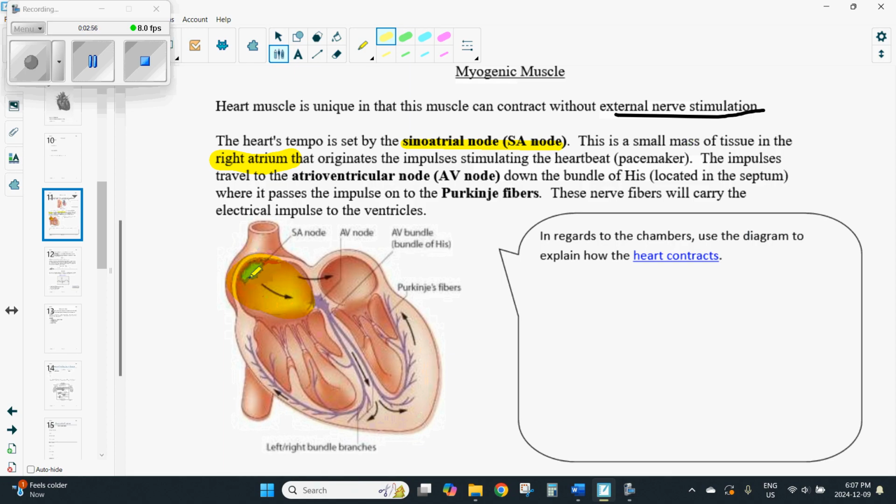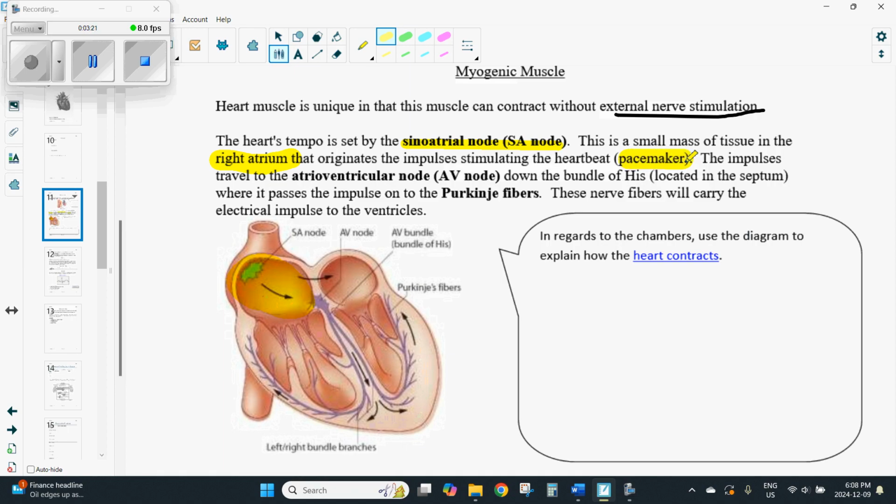It was in blue before I highlighted it, and now it looks slightly green. And this is where your heart originates the impulse. And an impulse is really an electrical conductivity, and you'll talk more about that in Bio 30 when you talk about the nervous system. But this is going to stimulate the heartbeat, which is referred to as the pacemaker.